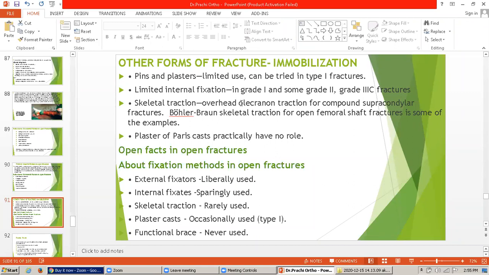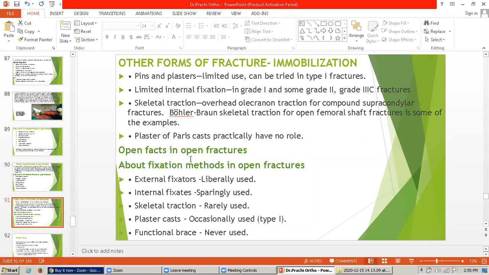Skeletal traction: overhead olecranon traction for a compound supracondylar fracture, Böhler-Braun skeletal traction for open femoral shaft fracture are some of the examples. Then, plaster of Paris cast practically has no risk.